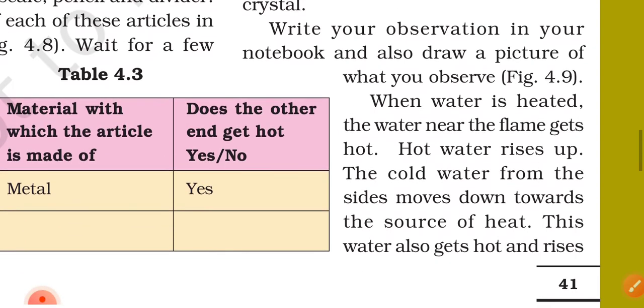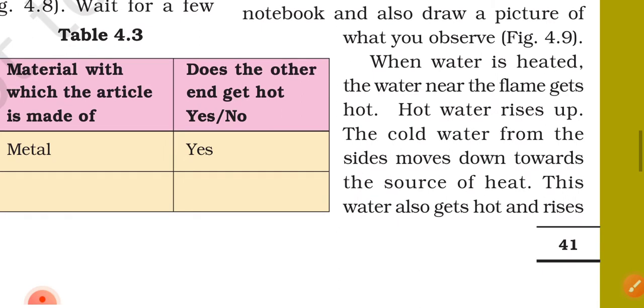Figure 4.9. When water is heated, the water near the flame gets hot. Hot water rises up. The cold water from the side moves down towards the source of heat.